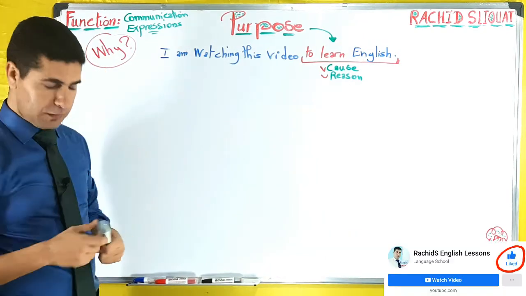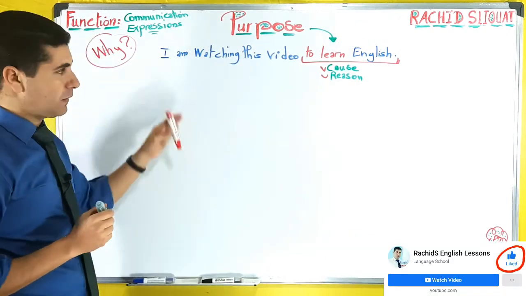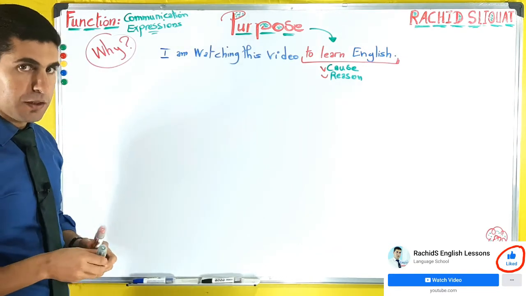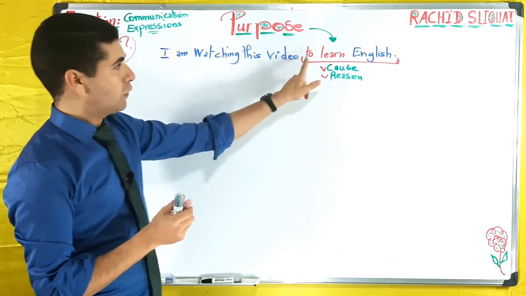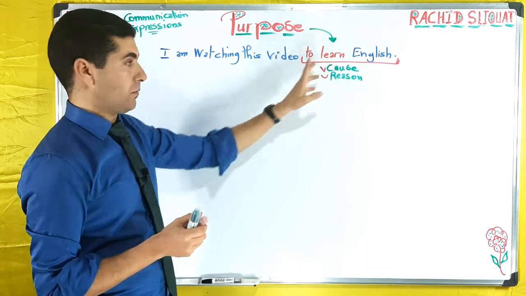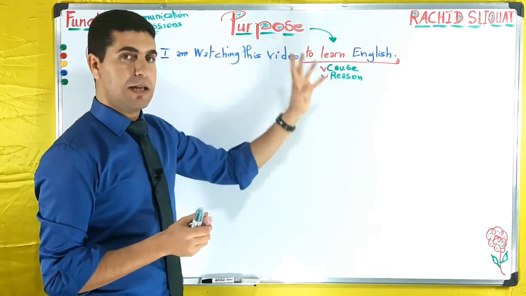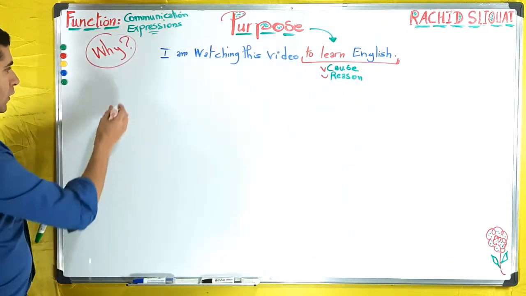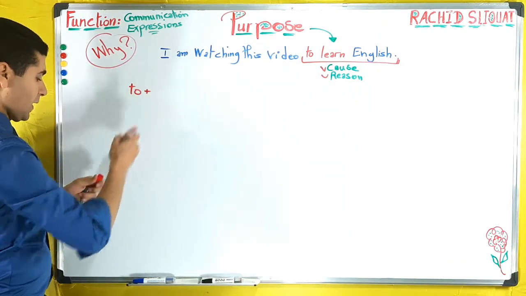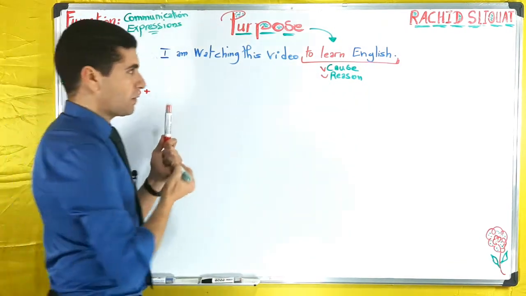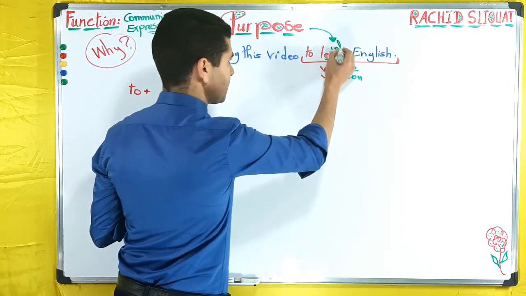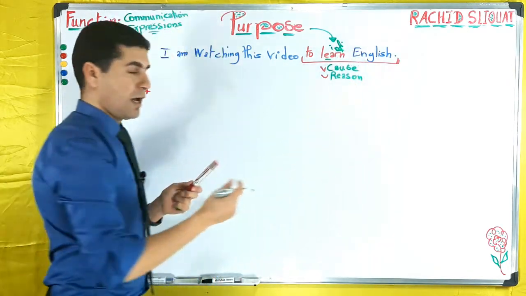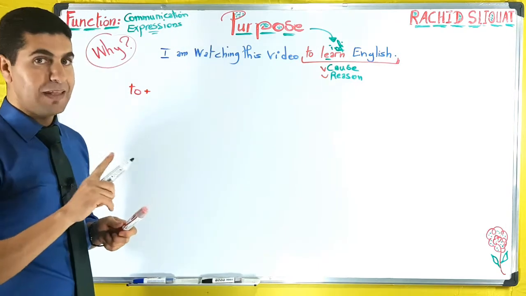Now if you look at this example, how do we express the purpose here? By "to" plus a verb, to learn English. So number one is to plus the verb, and as you can see, the verb is in the infinitive, which means it's not conjugated.